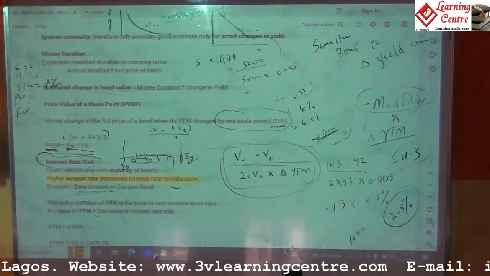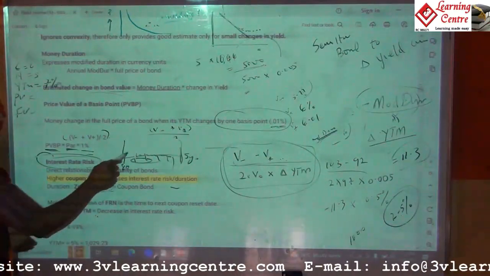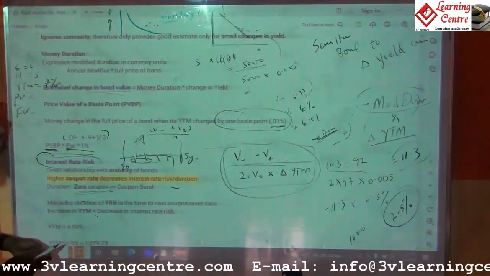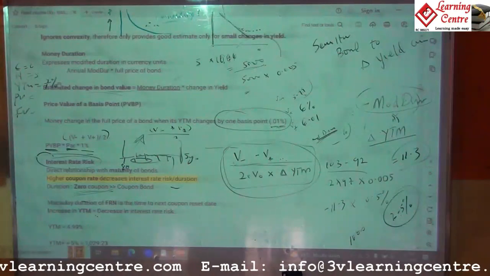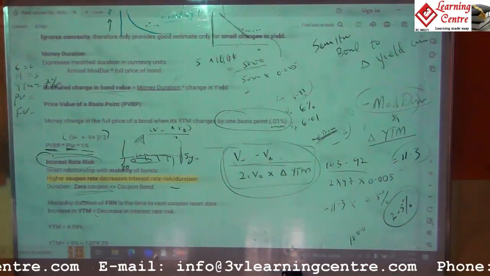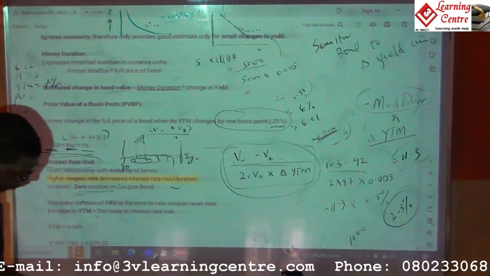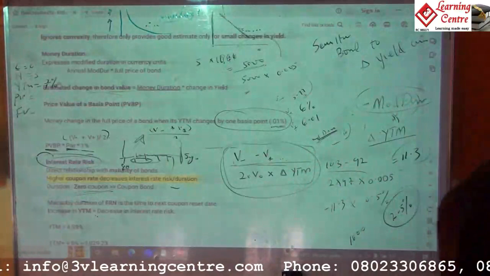But if I have to wait for the 5 years to get money at this point, the price impact I will suffer will be higher than a comparable bond that has cash flow. Should we test it out?